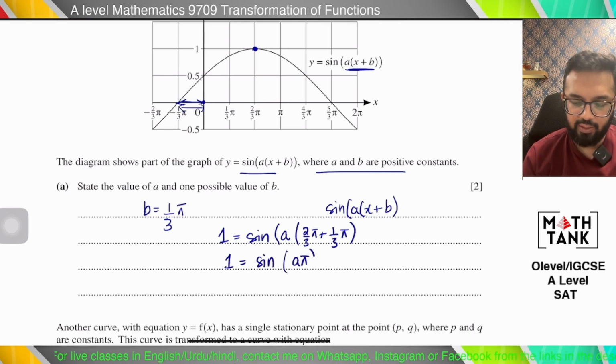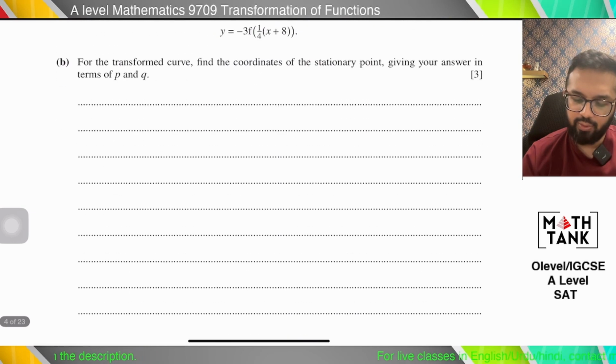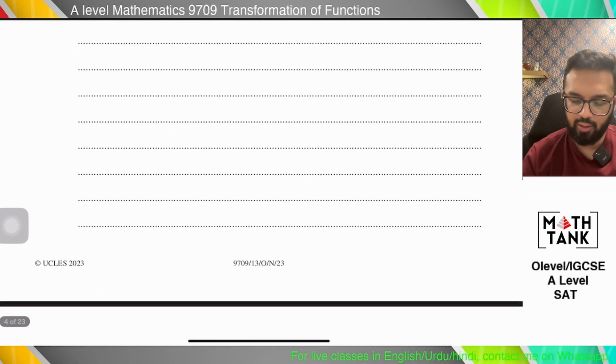So that's giving me sine a pi. Sine inverse of 1 gives me pi over 2. So a should be half. I'm not sure about this one. I'm going to check and come back.